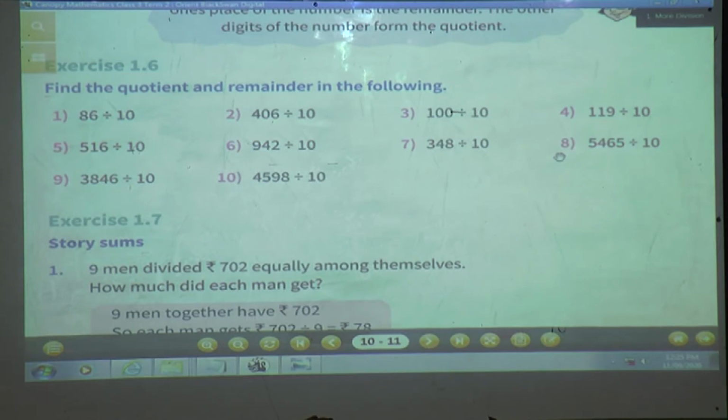Now we'll see the next exercise, exercise 1.6. See the first example. Find the quotient and remainder in the following. Now we'll solve all the examples.